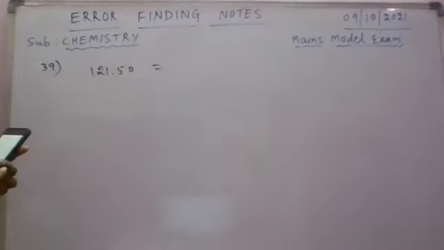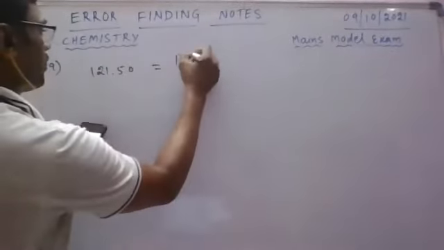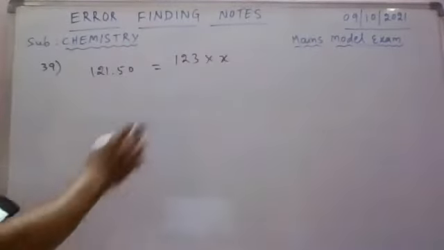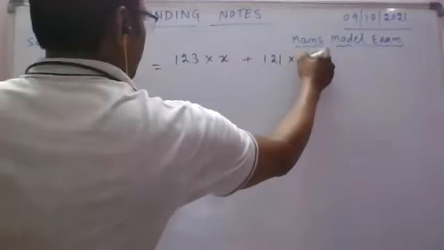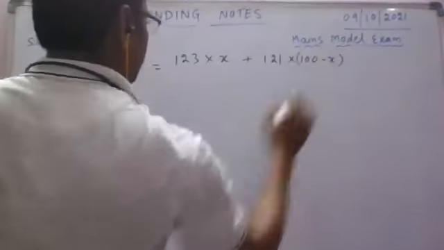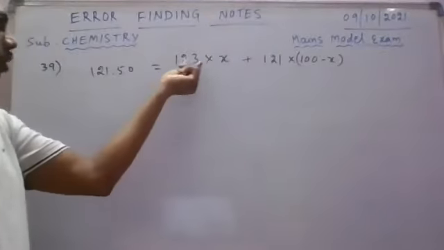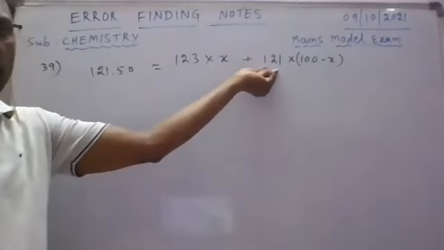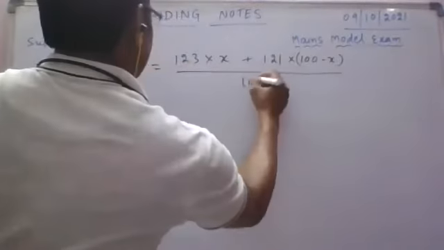Average atomic weight is equal to the atomic mass of the first isotope into its abundance percentage, considered as X, plus the other isotope 121 into 100 minus X. Total percentage 100. Here the 123 isotope percentage is X, obviously the 121 isotope percentage is 100 minus X, divided by 100. This is the formula.